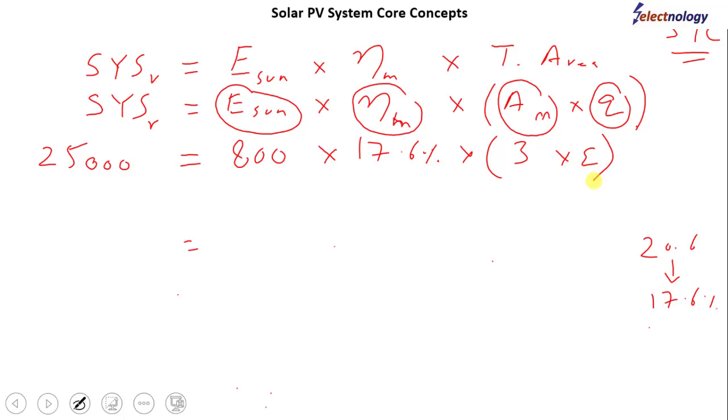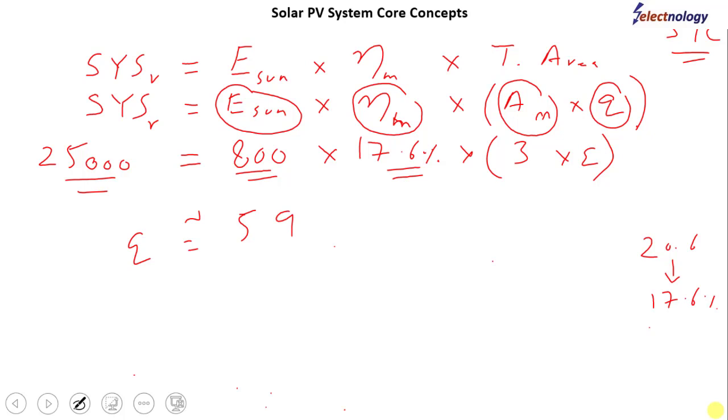Once we solve this equation, Q becomes approximately 59. So we can see that we need more PV modules once we assume that the sun energy is not 1000. Obviously, when the sun energy is less than 1000, we need more PV modules to have the system rating of 25,000, and the efficiency has also decreased. Therefore, the number of PV modules has increased.